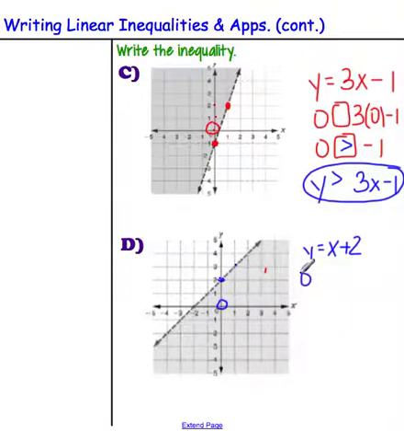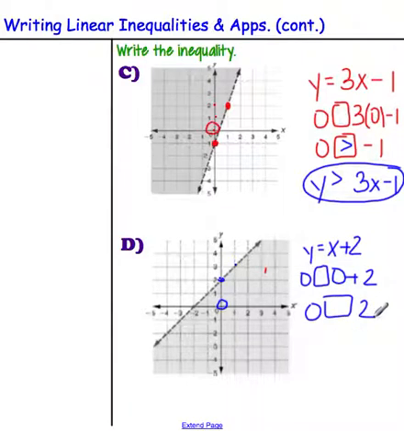So we get 0, a blank, and 0 plus 2. So we look at 0 compared to 2. And I see that 2 is bigger, so I'm going to put the less than sign in there, which means my final inequality is y is less than x plus 2.